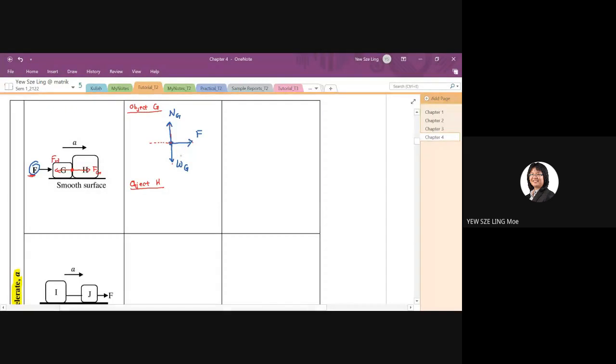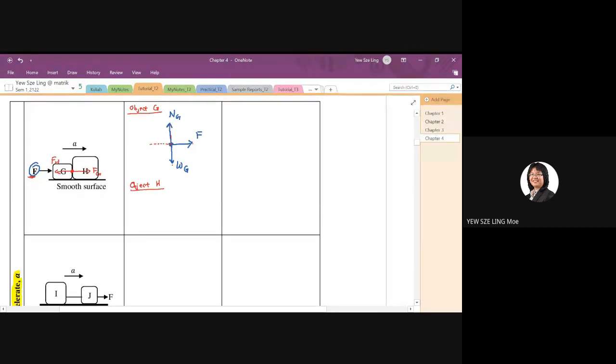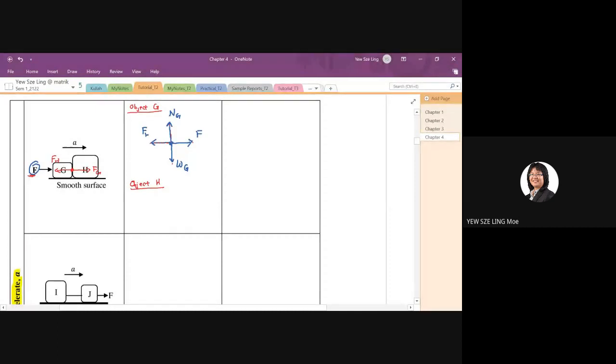And at the same time, because it is in contact with object H, when you push object G, you push object H. And at the same time, object H will exert the same amount of force and push object G back in the opposite direction. Therefore, I have FH in the opposite direction. So this is a complete free body diagram for object G.